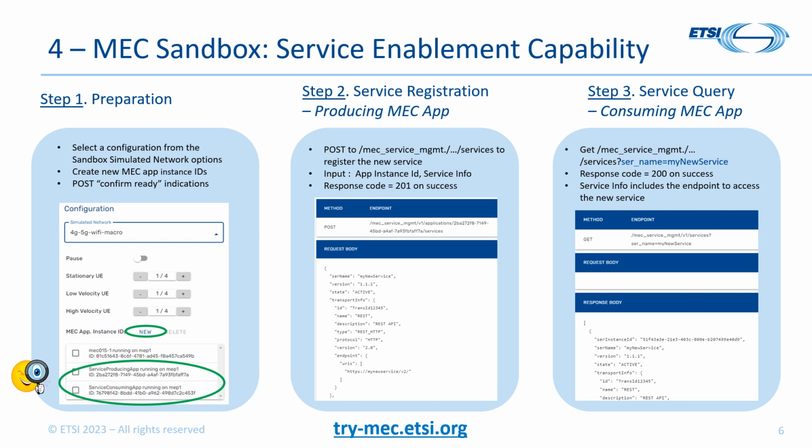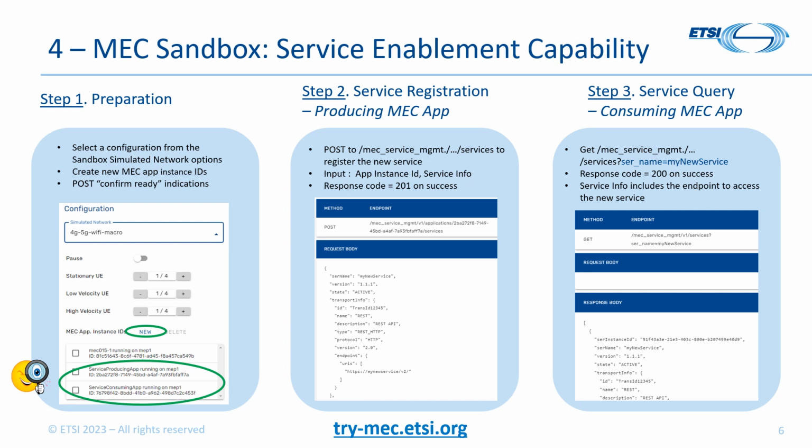Start by selecting a configuration from the sandbox simulated edge network options. All of them include the MEC platform and the service enablement API. Next, create MEC application instance IDs for both the service producing and consuming applications. POST confirm ready indications for both applications with the MEC platform.